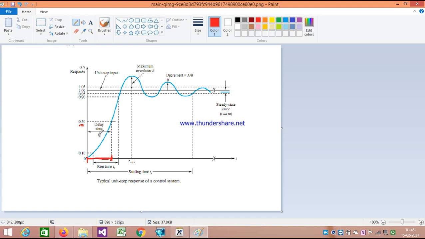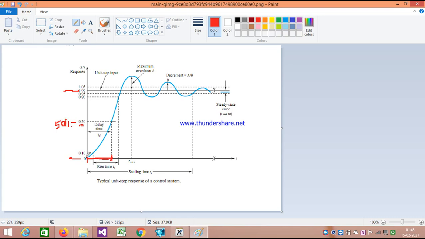What is the definition of delay time? Delay time is the time required for the response to reach up to 50%. 0.50 means 50% when we take the percentage, right? Suppose this is 100% and this is 0. So the middle position is called 50%.